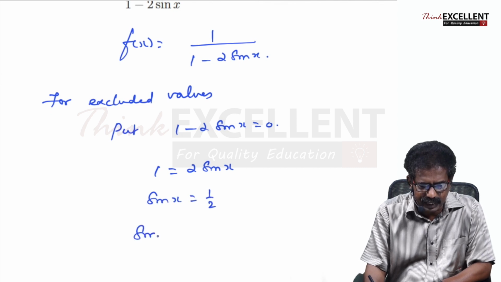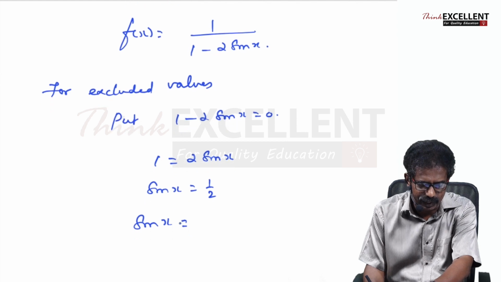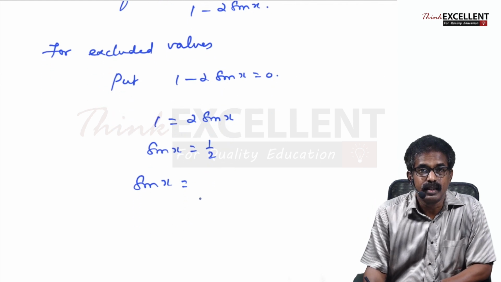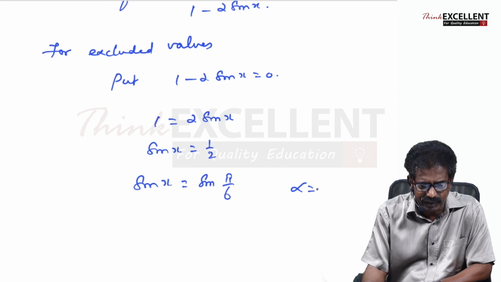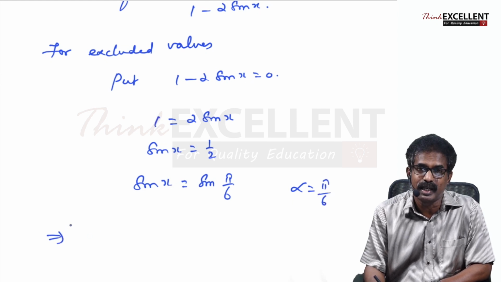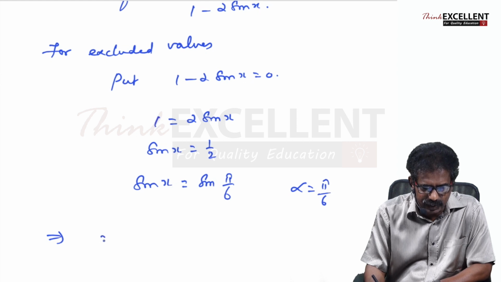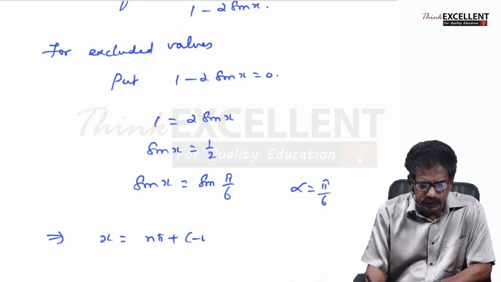Since the left side is sin, you know the right side 1 by 2 means sin 30, right? 30 can be written as pi by 6, so you can write it as sin pi by 6. Now this is of the type sin theta equal to sin alpha. Alpha is pi by 6. So you know the solution. The formula you have to study, no other way. Theta equal to, instead of theta you have x, n pi plus minus 1 raised to n into alpha, alpha value pi by 6.